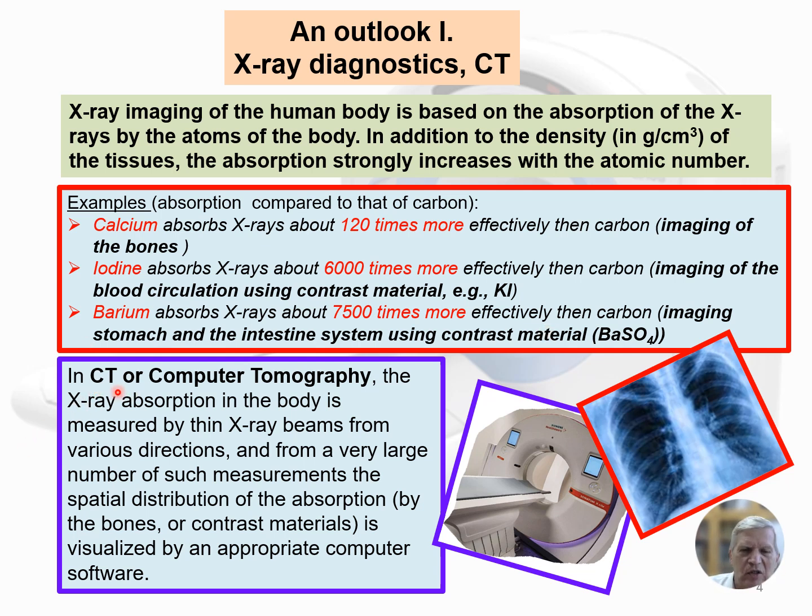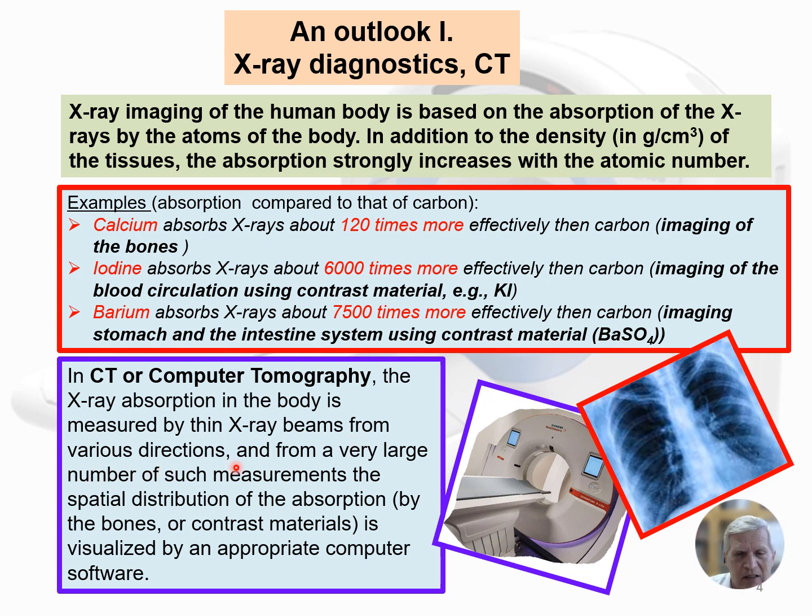What about CT? This is computed tomography. So this is a combination of partial imaging, I would say. The X-ray absorption is measured by using thin X-ray beams from various directions.